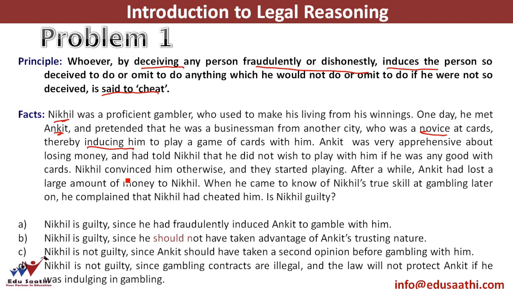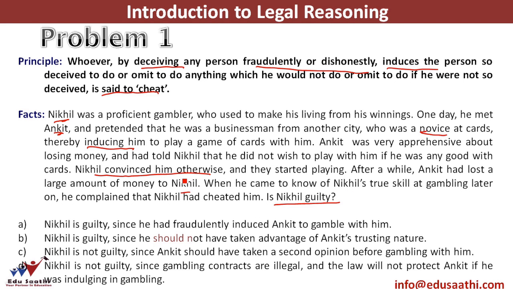Nikhil convinced him otherwise, that he was not a good player. So they started playing. After a while, Ankit had lost a large amount of money to Nikhil. When he came to know Nikhil's true skill at gambling, later on he complained that Nikhil had cheated him. So we have to decide whether Nikhil is guilty of cheating or not.